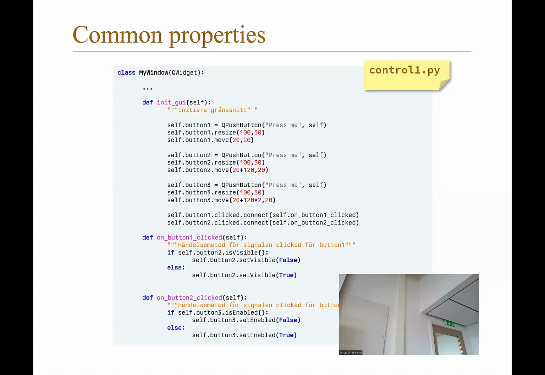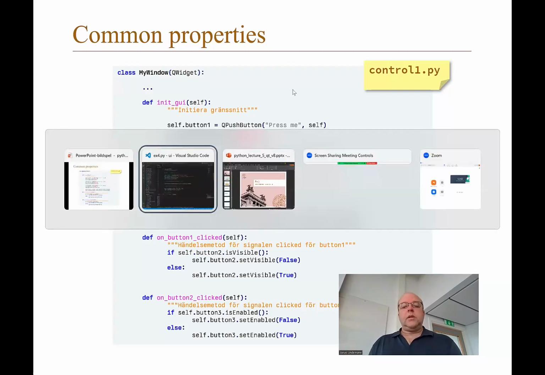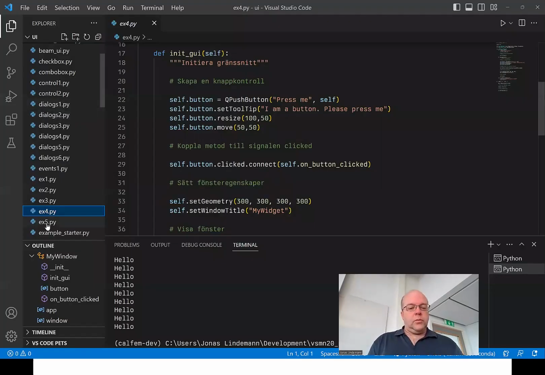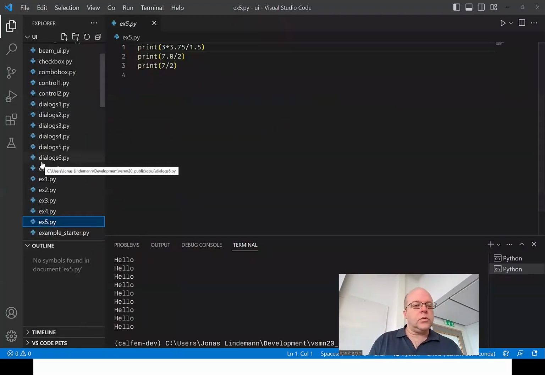If it's visible, it sets visible to false, and if it's not visible, it sets it to true. And in button 2 clicked, it checks if button 3 is enabled, then it sets it to false with set enabled. So this illustrates how you can use these properties on all controls.